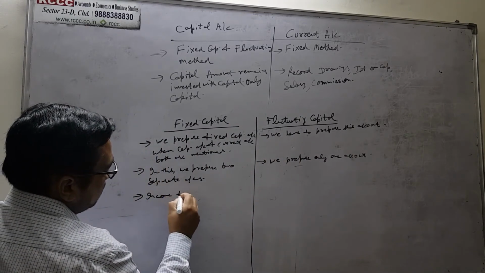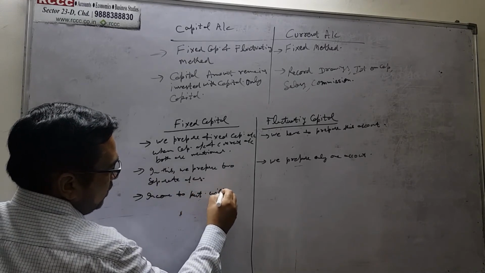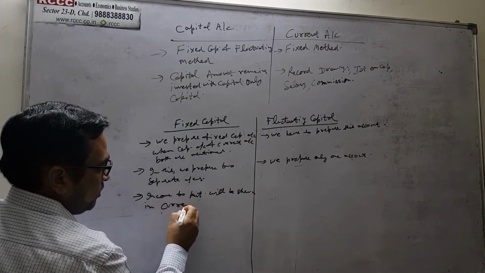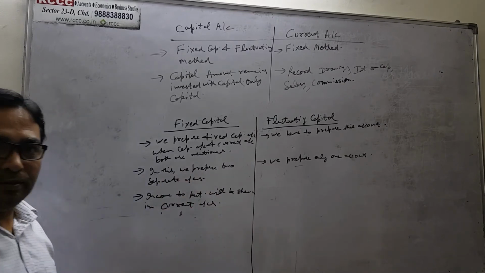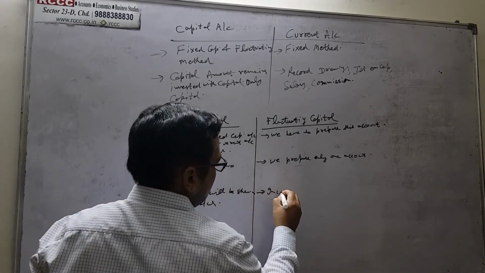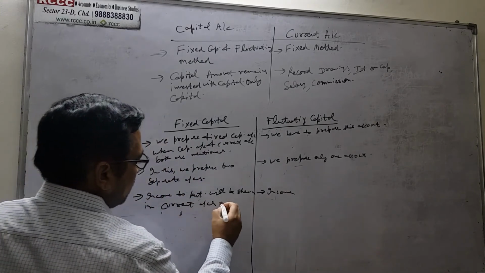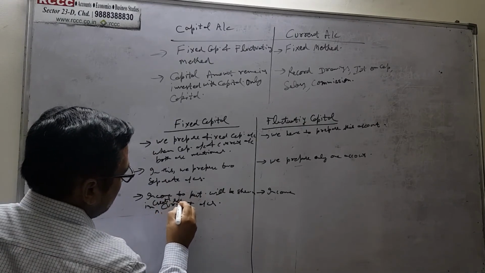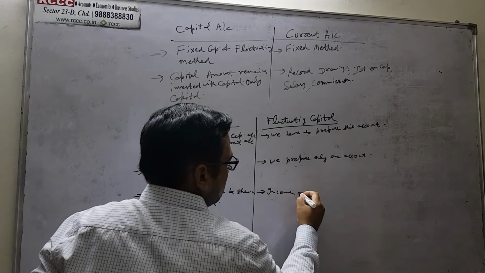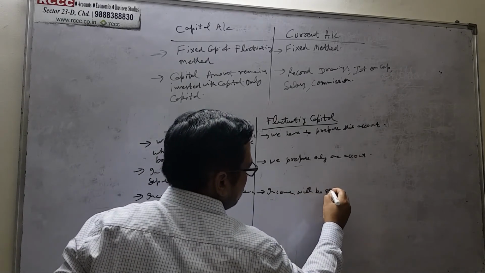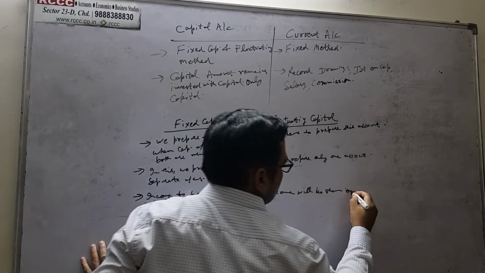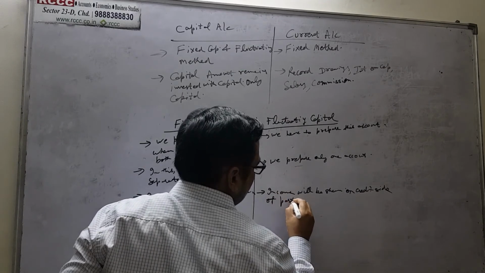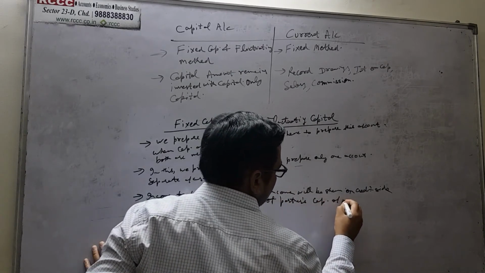Increase, or we can say income to partners, will be shown in current account, right, beta? Income will be shown on the credit side of current account. In fluctuating, income to partner will be shown on the credit side of partners capital account.